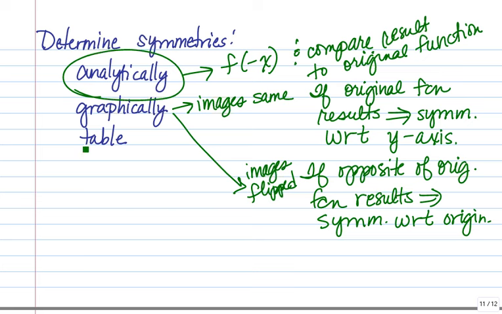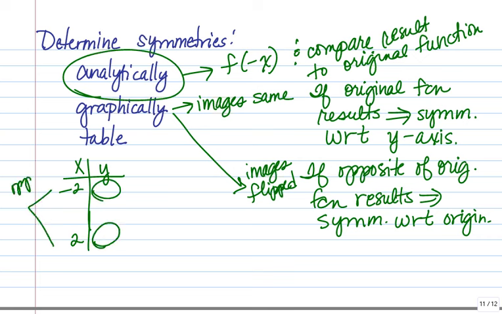Now in a table, you're going to kind of do what I talked about earlier with that cubing function. You're going to have to look at the y values for opposite x values. And you're going to determine, are they the same or opposite?